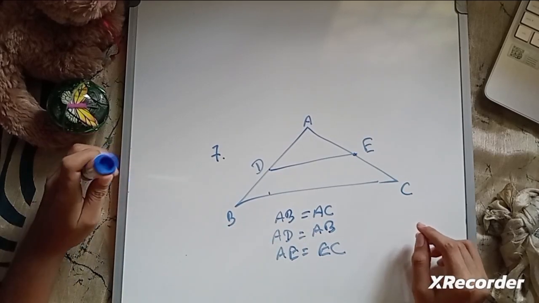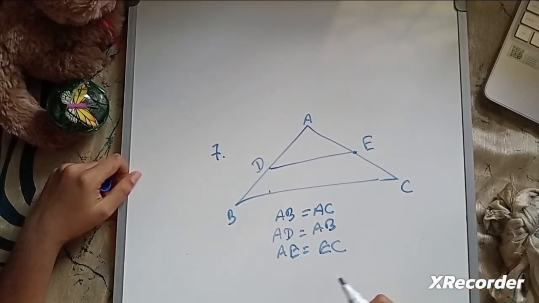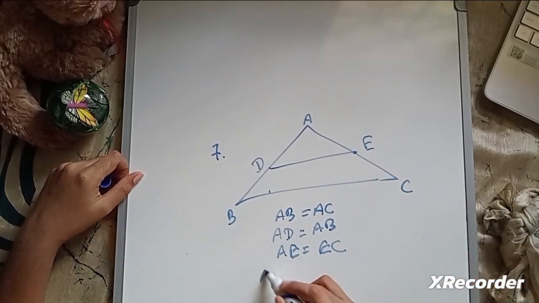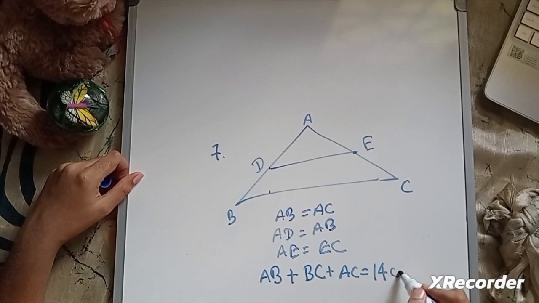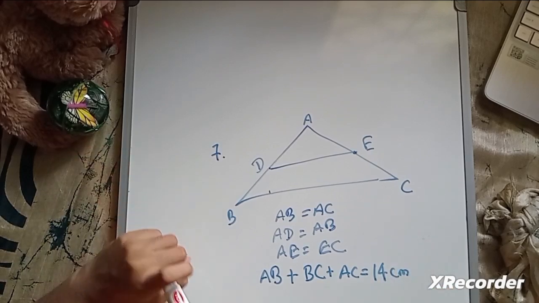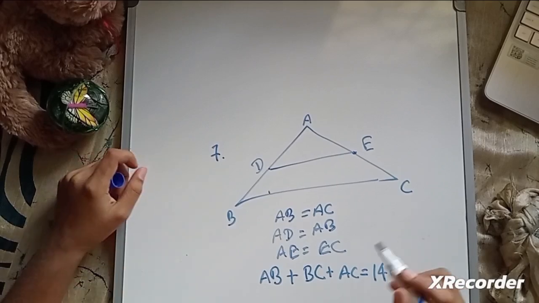If the perimeter of the triangle ABC is 14 centimeters, which means the addition of the lengths of these three sides, AB plus BC plus AC equals 14 centimeters, and they have given the value of AD.